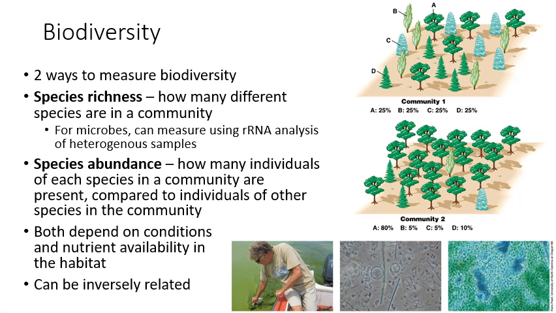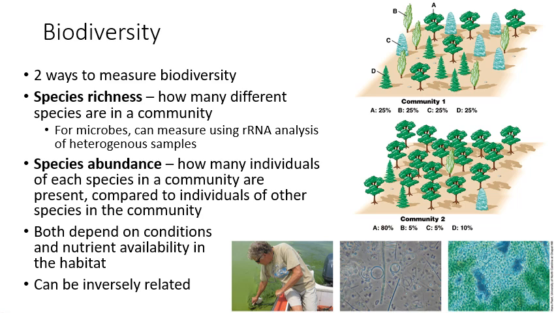We might be able to notice that one particular sequence of rRNA is real common, another is not very common, and that can tell us that the first species that has the real common rRNA sequence is more abundant in that environment than the other species that has the less common rRNA sequence.